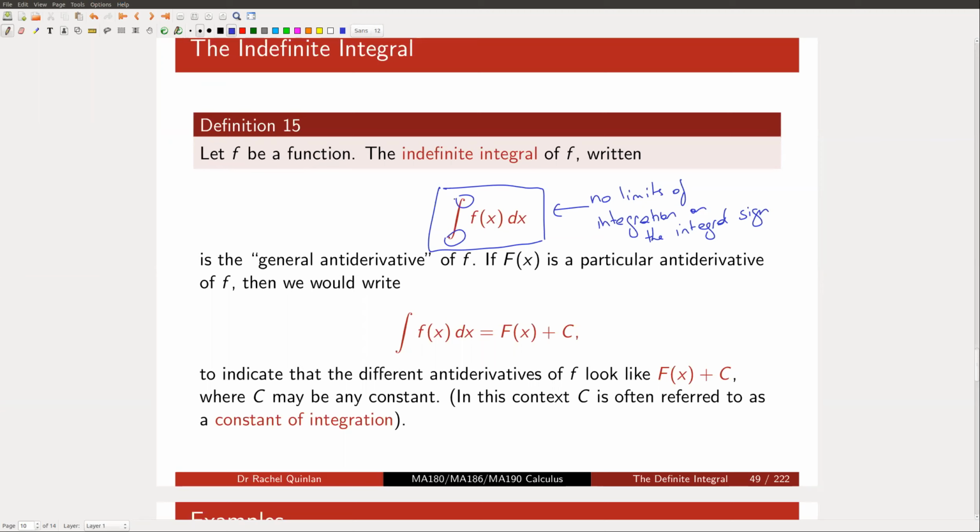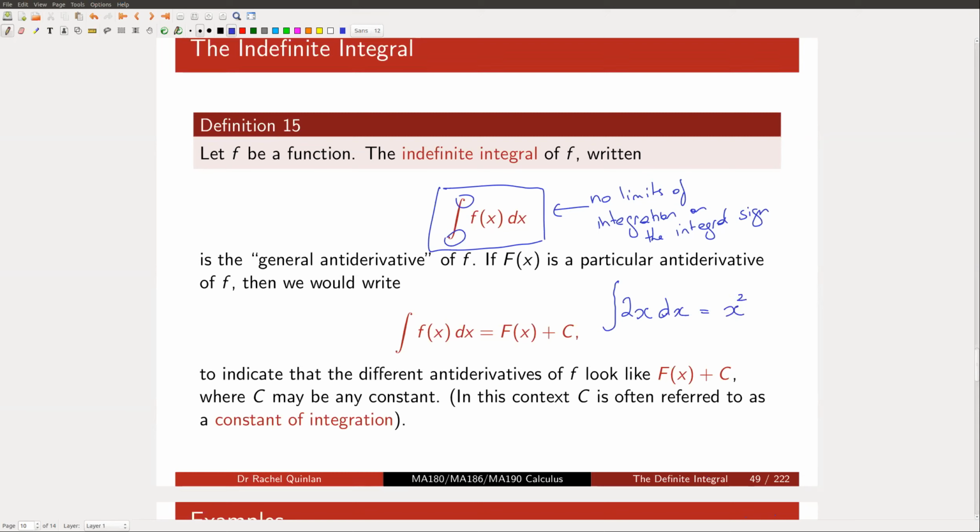But what this is, is the so-called general antiderivative of the function f. So, for example, if we were to take the indefinite integral of 2x, it's written the same way as a definite integral, except that the limits of integration are missing. What that means is an expression in x whose derivative is 2x.